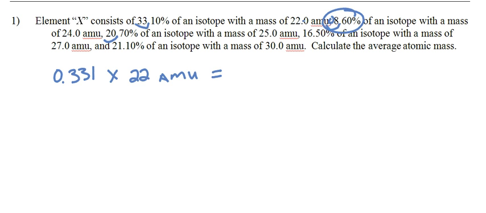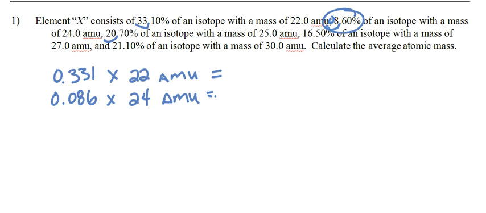So the next one, we'll have 0.086. Now again, we moved it over 2 places, because if we only moved the decimal over 1 time, that'd be 86%. That's not what we're looking for. So a very small percent of this has a molar mass of 24 AMU.